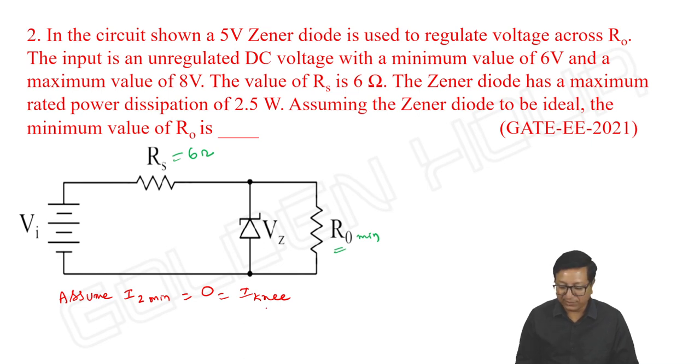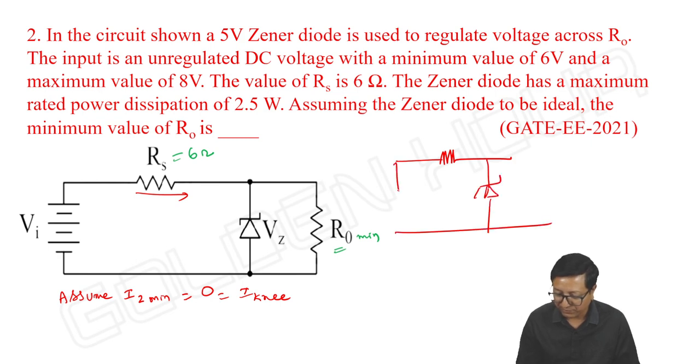As I current is minimum, we should find the value of RS, which is given. No? So as input is minimum and IZ minimum is also known, let me write the circuit, that gives a much better way of understanding. So here input is minimum, RS is 6 ohms and the corresponding current I here is minimum.